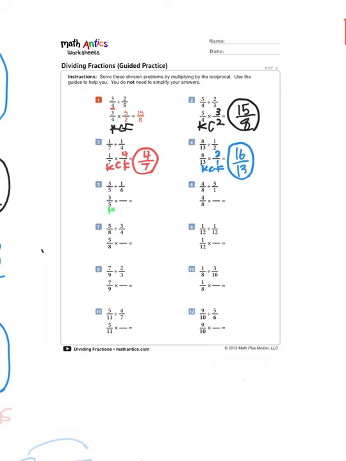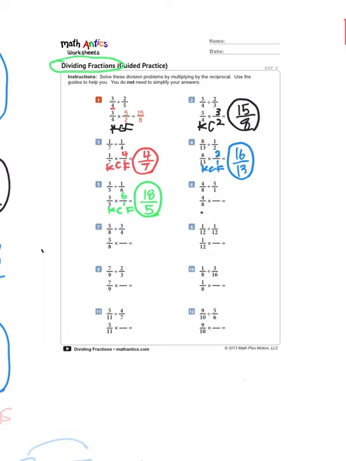I want you to remember the KCF because we're going to be using that as we divide fractions. So here, 3/5 times 6/1, which will give us 18/5. I hope you got that answer as well. Let's take a look at number 6, where we have 4/8 divided by 5/1.